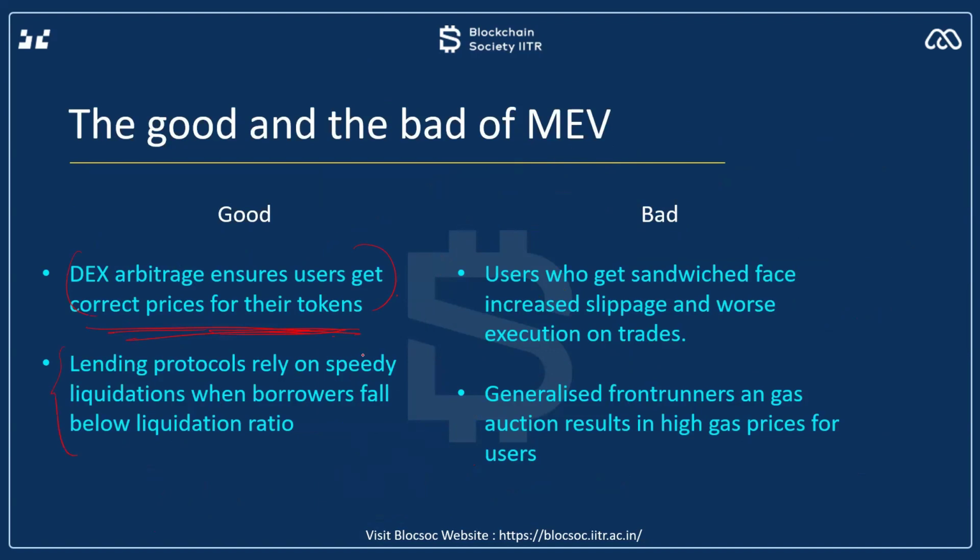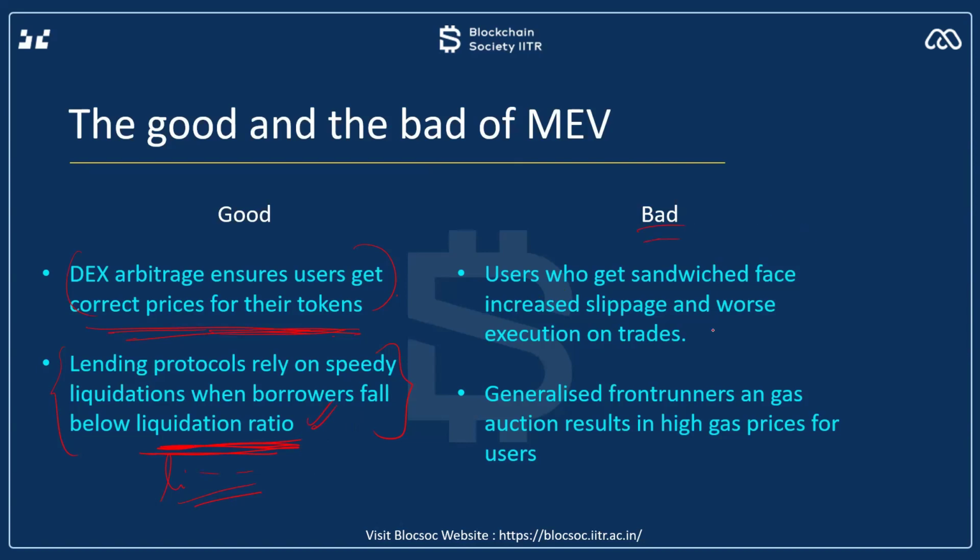And in lending protocols, as I explained, liquidations happen very fast. So if there is a position which has gone below the liquidation ratio, it will be liquidated very fast, and that position will not be there for too long, and will not be in a worse situation further.